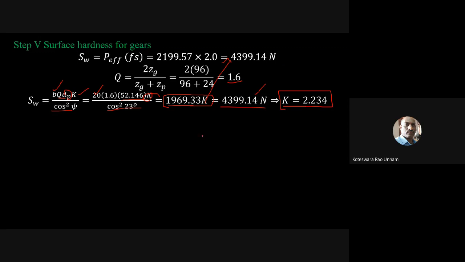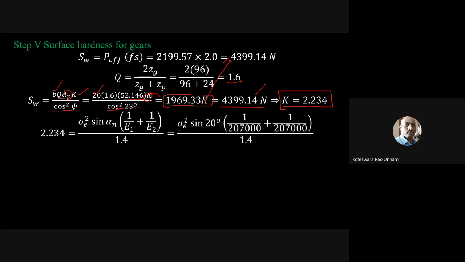Once you have K, then you have a relation between K and sigma E, and sigma E in turn is related to BHN. The first relation between K and sigma E is K equals sigma E square sin alpha n into (1 by E1 plus 1 by E2) divided by 1.4. In that, sigma E is unknown for us, so we'll keep sigma E itself.